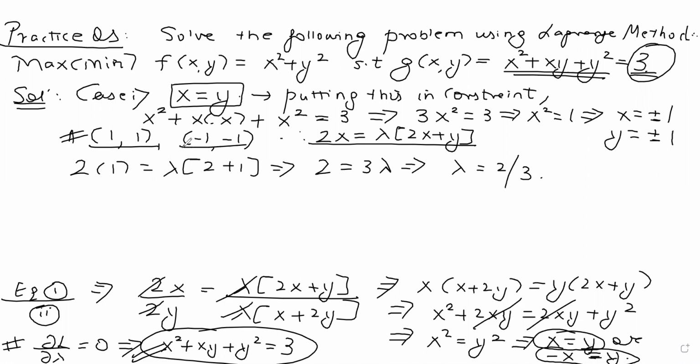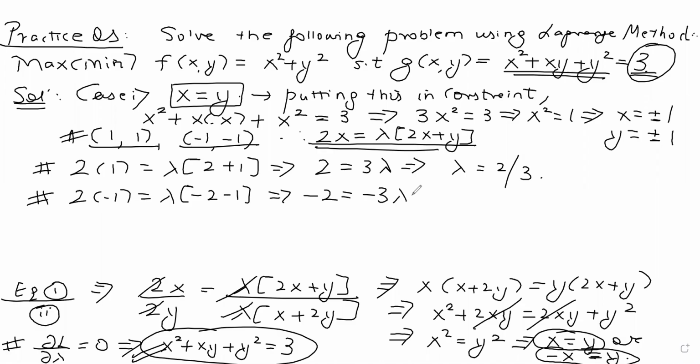And if I put minus 1 comma minus 1 in this equation, 2 into minus 1 is lambda times minus 2 minus 1, which implies minus 2 is equal to minus 3 lambda, which implies lambda is again 2 by 3. In both the cases, I get lambda as 2 by 3.